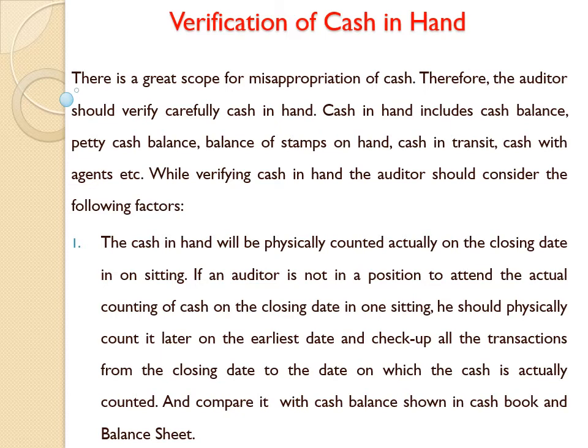Under this head, there are certain items, namely cash in hand, cash in transit, cash with agent, petty cash balance, and balance of stamps on hand. While verifying cash in hand, the auditor mostly focuses on the following points.